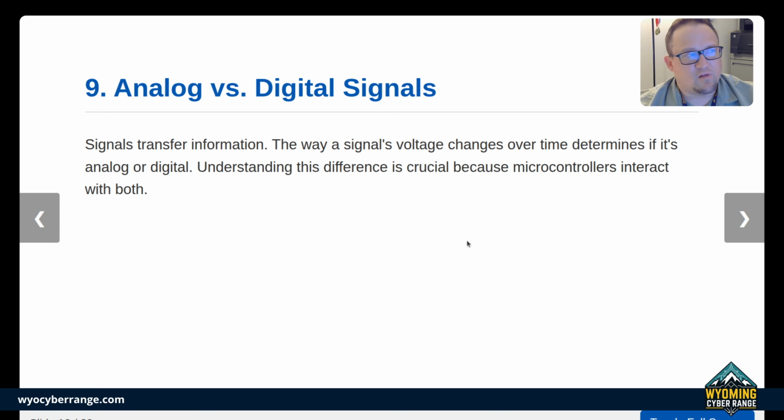So that is Ohm's law. And before I go on, the next section is going to be all about analog and digital signals. And we'll actually talk about signal transfer quite often in this class because depending on what we're dealing with depends if we're going to be dealing with an analog or a digital signal. The signal voltage changes depending on whether or not it's analog or digital.